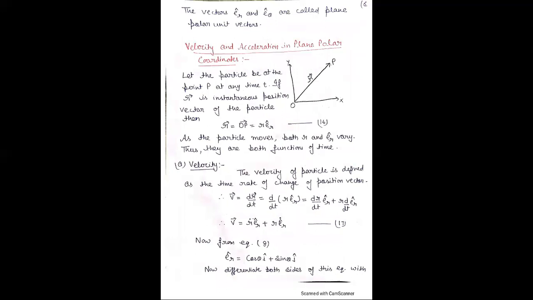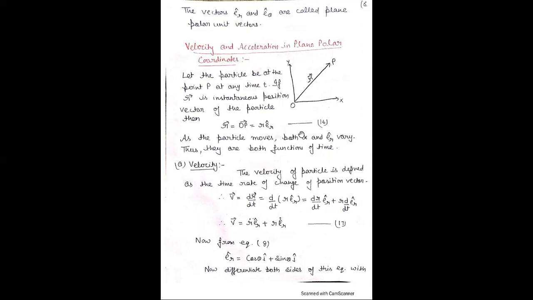Now the vectors e r cap and e theta cap are the plane polar unit vectors. Now we calculate velocity and acceleration in plane polar coordinates. First of all, we calculate velocity. Let us consider a particle at the point P at any time t. If r is the instantaneous position vector of the particle, then r is equal to OP, and we know that the r vector is equal to r mod and its unit vector e r.